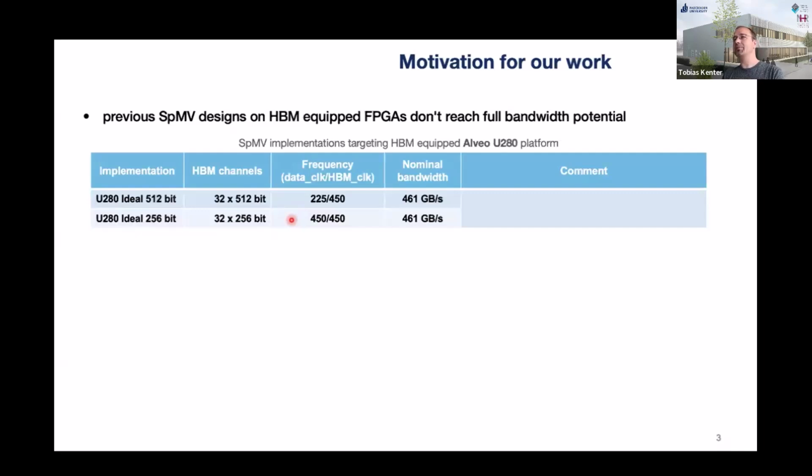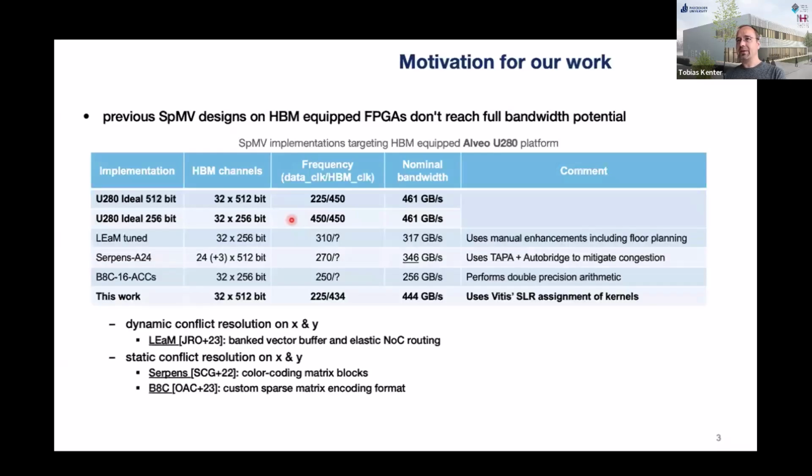Looking at previous work on SpMV on FPGAs with high bandwidth memory, concretely all using the Alveo U280 platform, which is, I think, still the most used HBM FPGA in the academic community, we saw that the successor work by Yain et al. focused on the 256-bit interface.